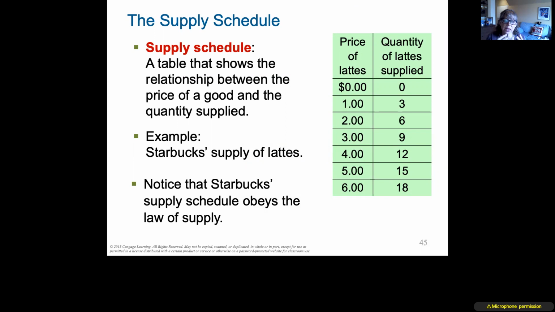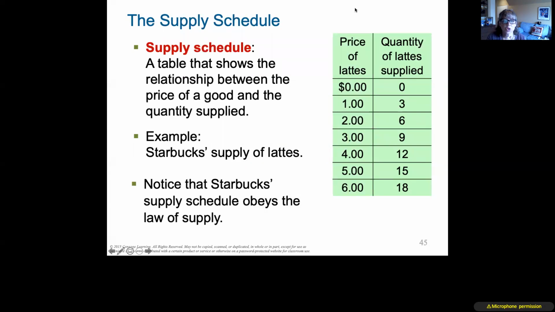So back to lattes, Starbucks is obviously a manufacturer, obviously a supplier, and they're going to decide how many lattes they're willing to supply at every price point. And they're going to obey the law of supply, hopefully. So this particular Starbucks has decided that at the price of 0, they're going to supply no lattes. At the price of $1, they can supply 3.